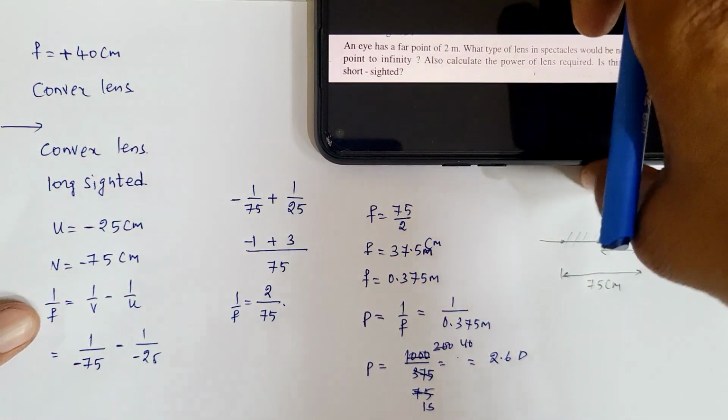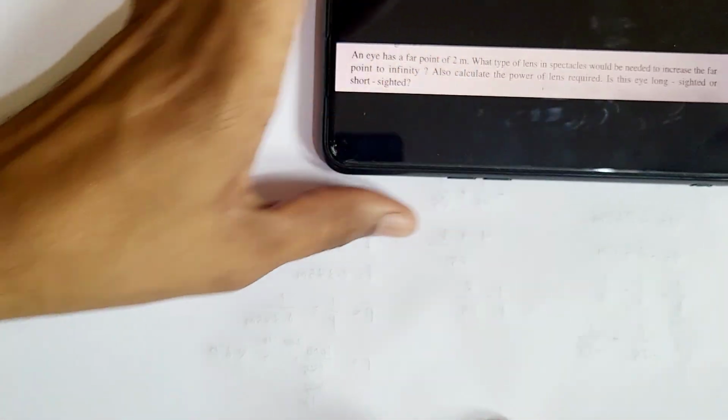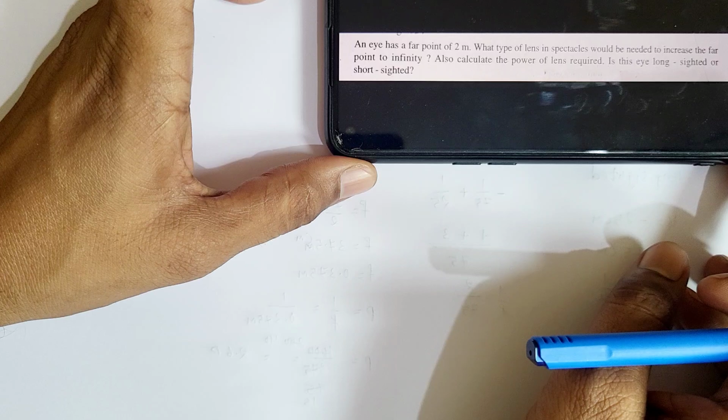Understand the question neatly. Means nearby he is able to see. So it is near-sightedness.